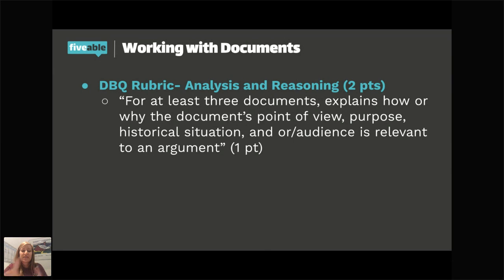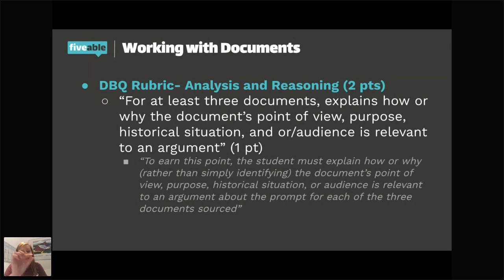Now, this rubric is the exact same one from last year. So if you took an AP History class last year, this is the same rubric you're working with. And so what we need to do to parse out this information, we actually get also from the College Board, they give us a little blurb of how we interpret this. Here's what it says. To earn this 1 point, the student must explain how or why.